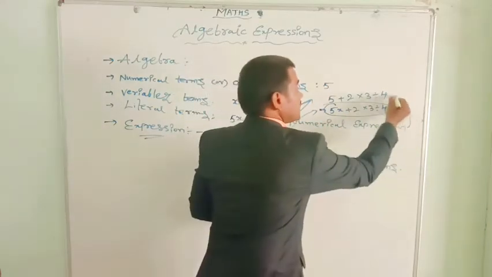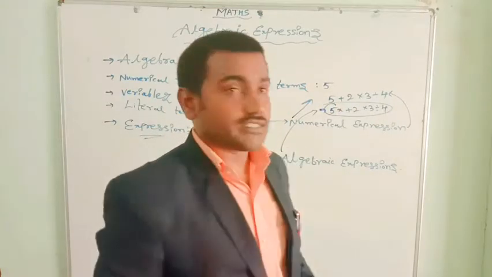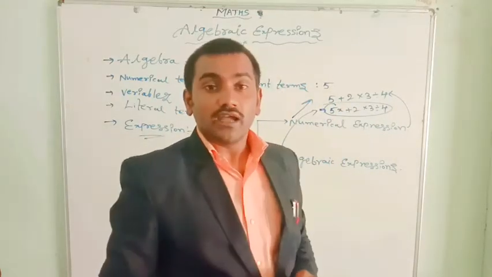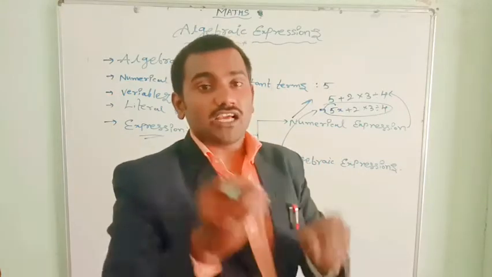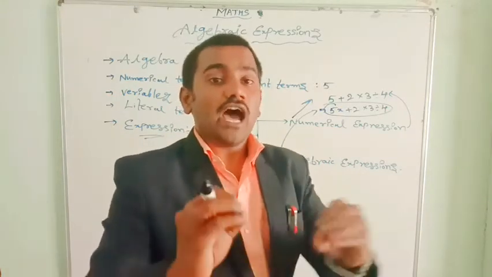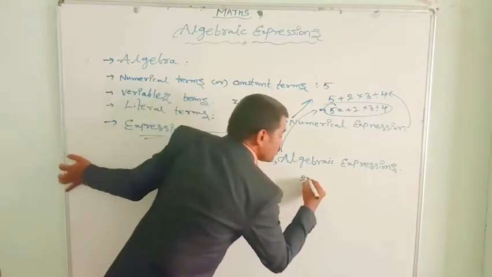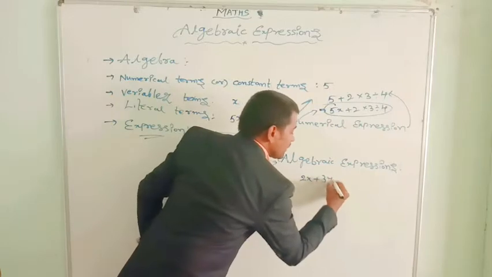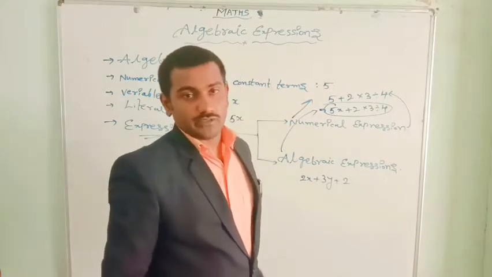The first one is the numerical expression. In the numerical expression, we can see only constant terms. In an algebraic expression, we should have at least one variable. If you have one variable in an expression, it's known as an algebraic expression. Let me write some more examples here. 2x plus 3y plus 2 is also an algebraic expression.